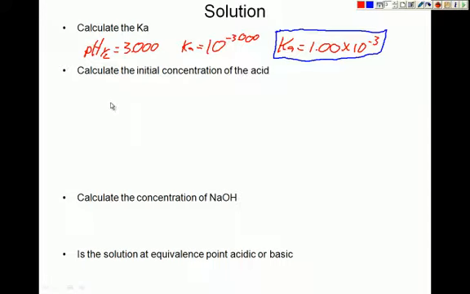Now we're going to calculate the initial concentration of the acid. But before we do that, we're going to calculate the initial concentration of H3O plus.